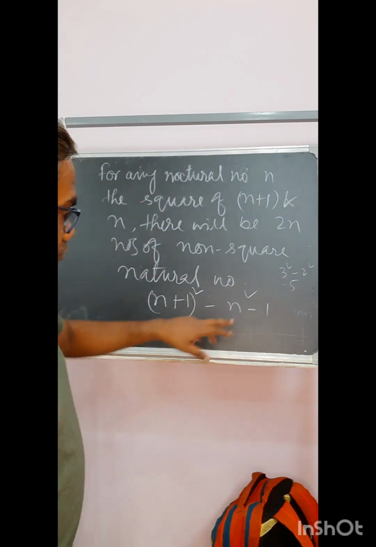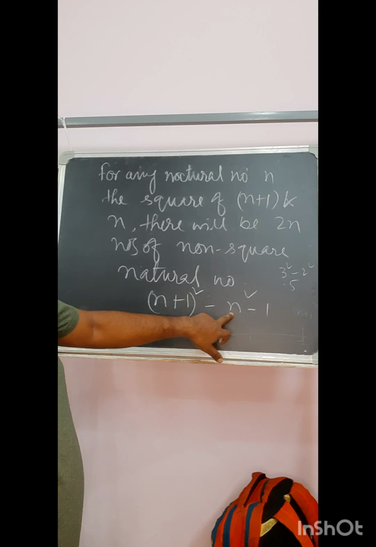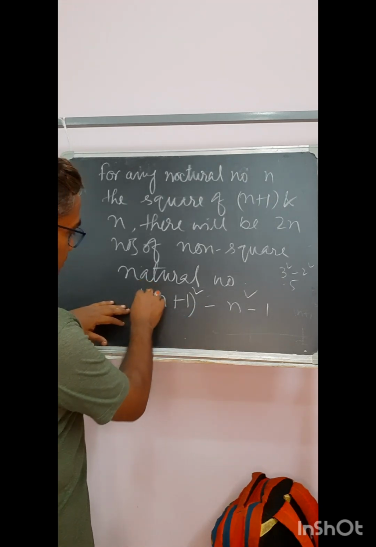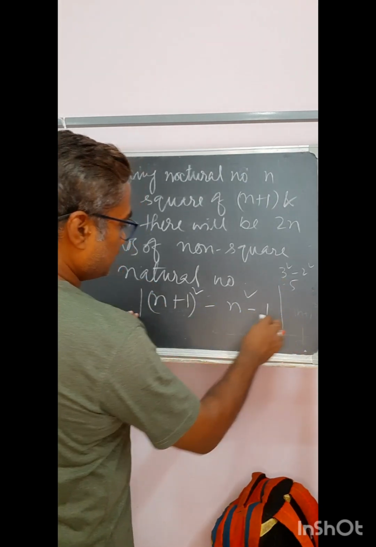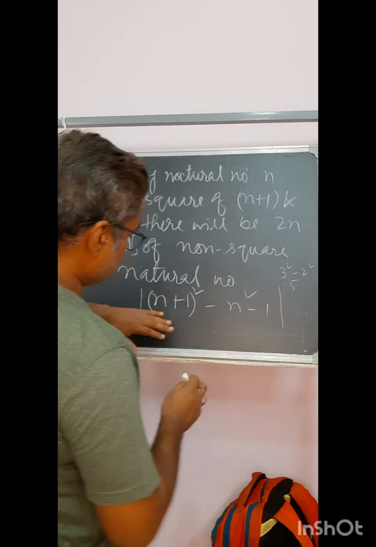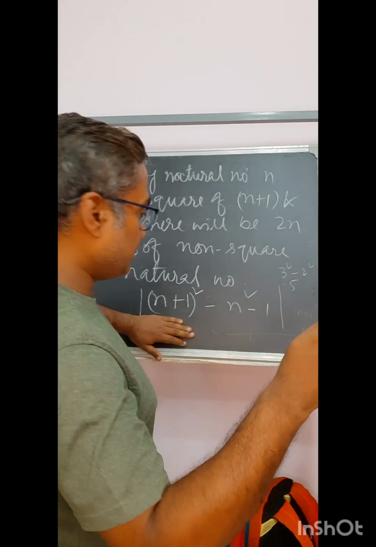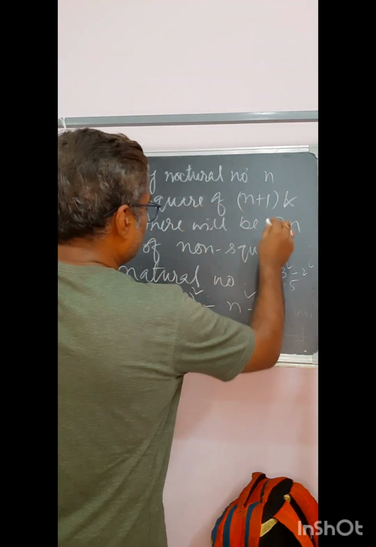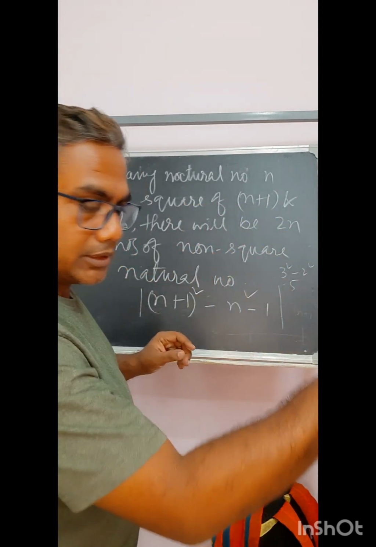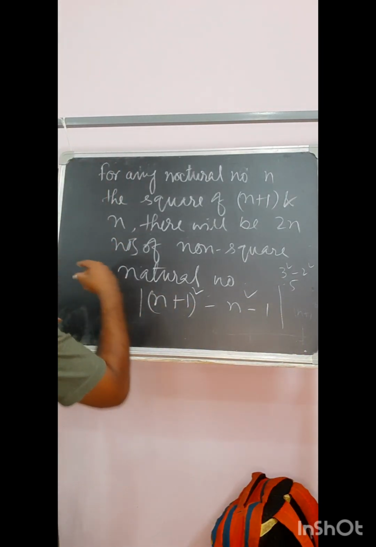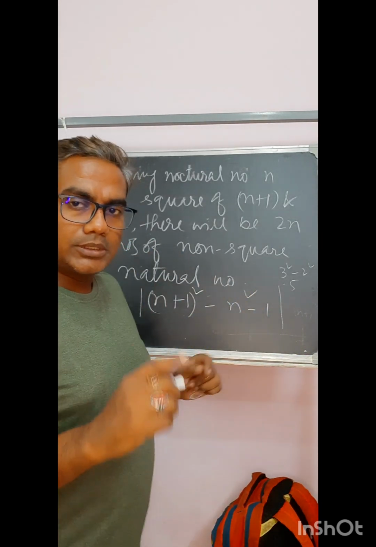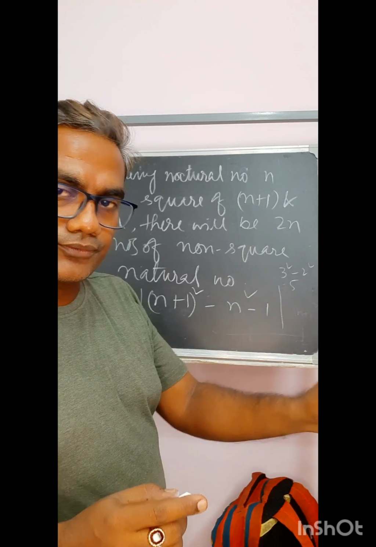This is a count, not a particular number, because (n plus 1) square will be a natural number. That means between two consecutive numbers there is a difference of 1.